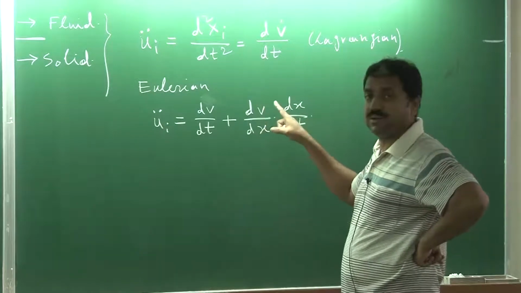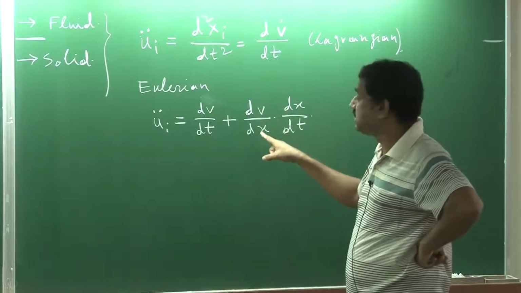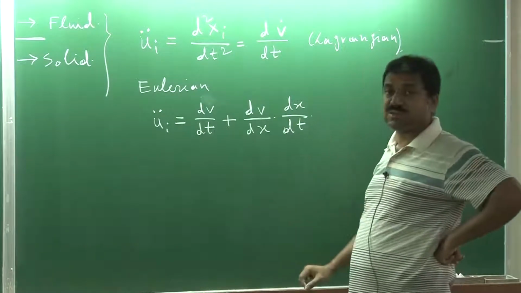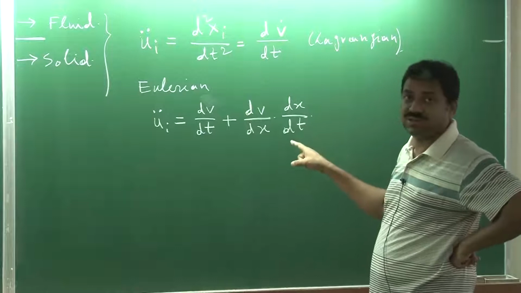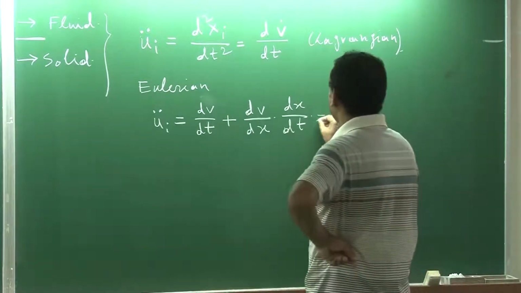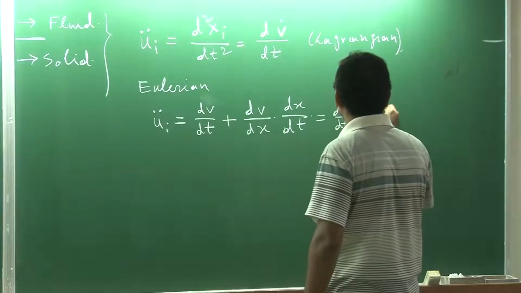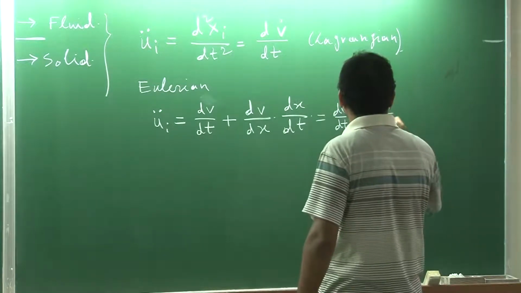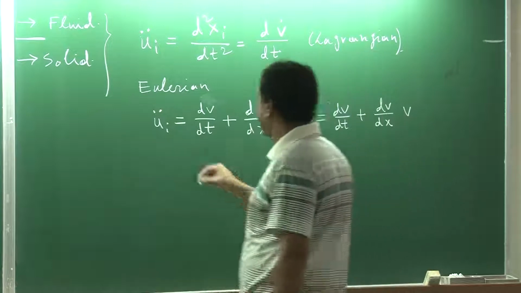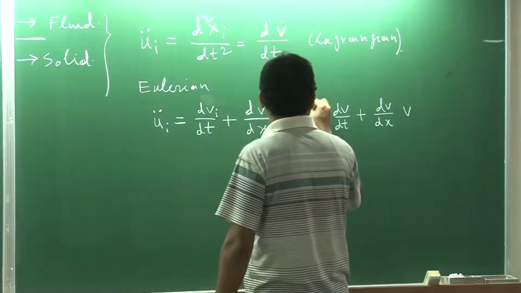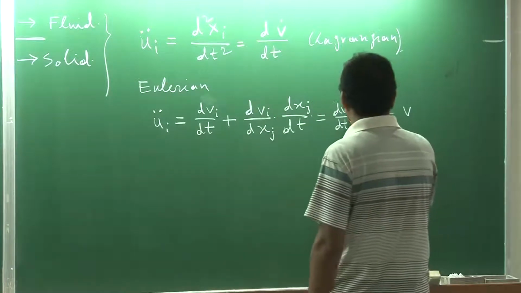The differentiation of the velocity with respect to the spatial point, and of course, when passing to the next point, there is also a change in time involved, and that is what you see: dv dt plus dv dx into v. So, this is of course v_i, and then this we are going to write as v_j, okay, v_i.